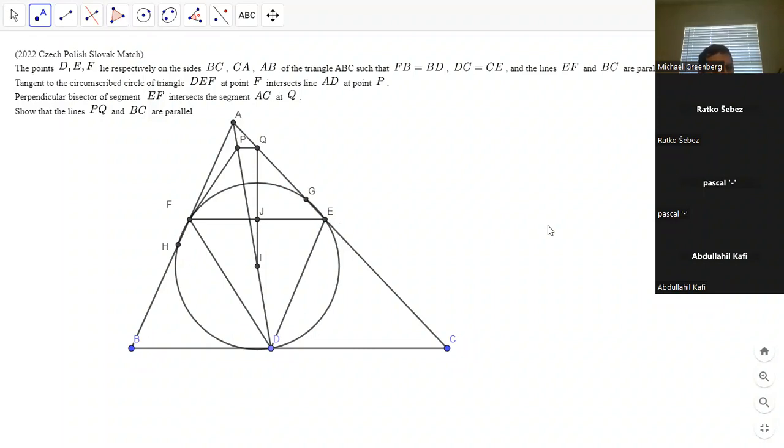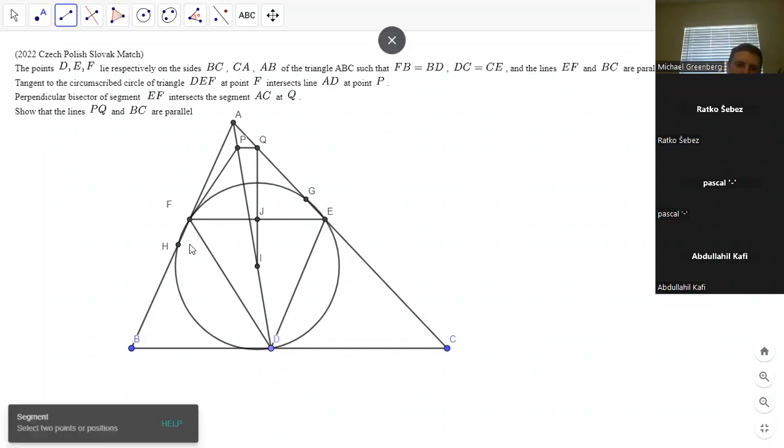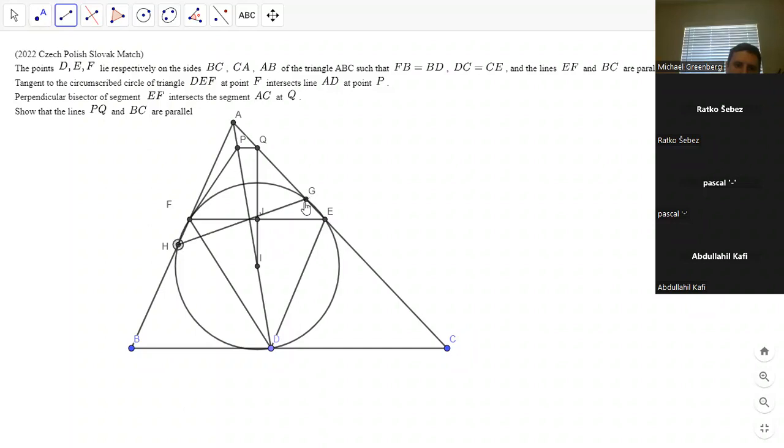How do we show this? So by symmetry, G, J, and H are collinear, right? Because this is an isosceles. Oh no, that's not true. I mean, these intersect on AI, but yeah, that's not collinear.